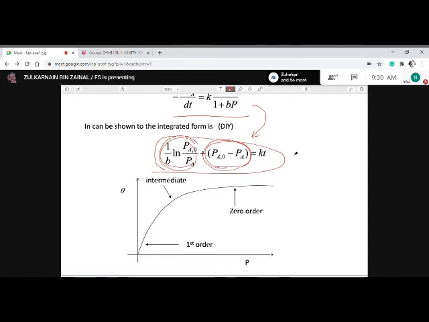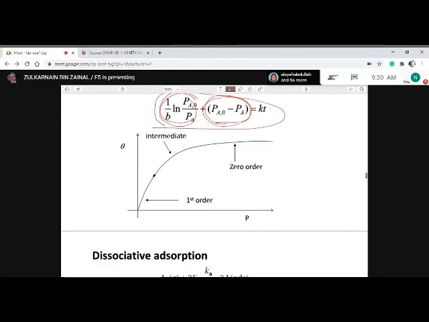All right, so if you plot the amount adsorbed, or the surface coverage, versus pressure, this is the plot that you will normally see. This is the area where it is first order.